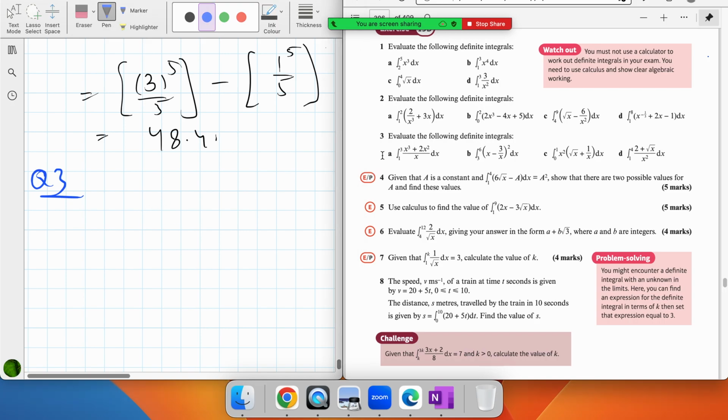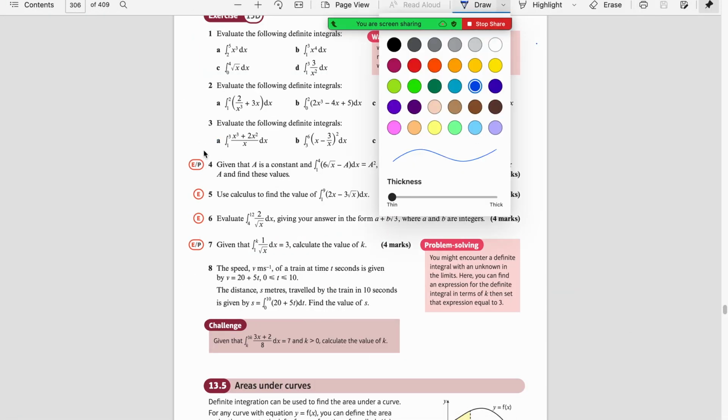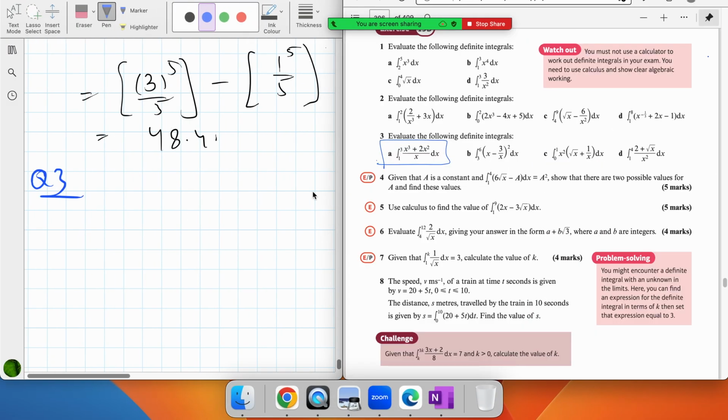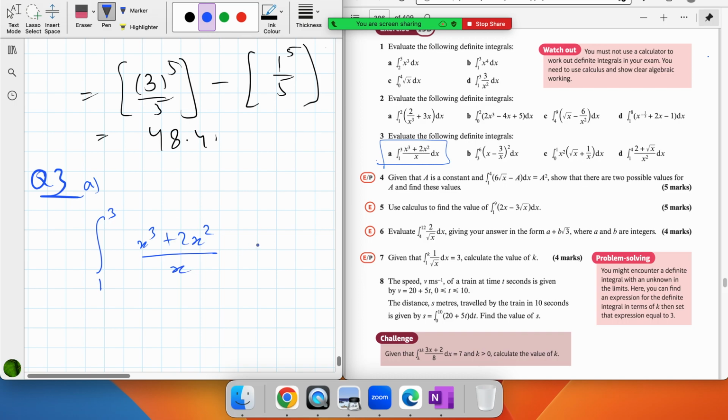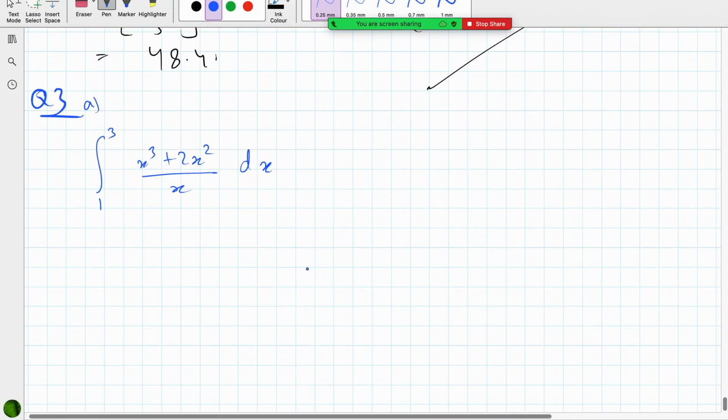Question number 3, let me try part A. It says the integral from 1 to 3 of (x cube plus 2x square) over x dx. Evaluate the following definite integrals. Now limits are given and we are going to integrate the given expression.